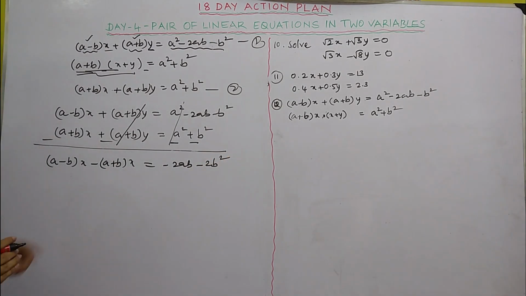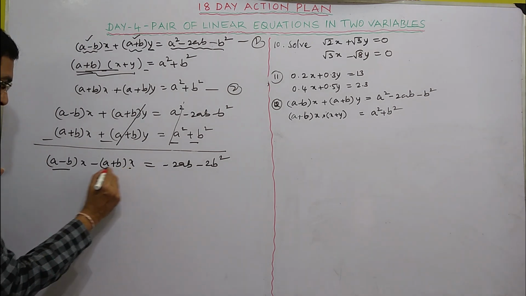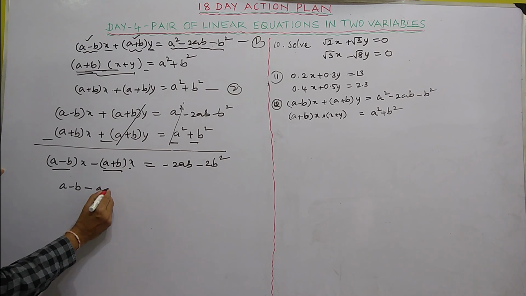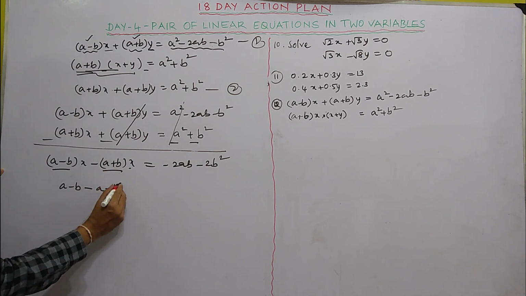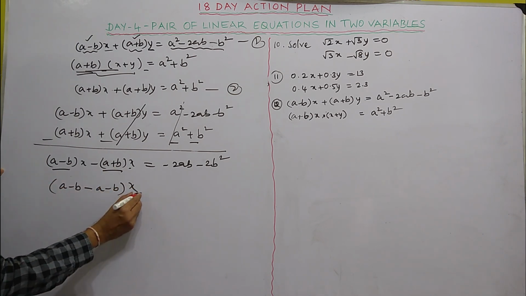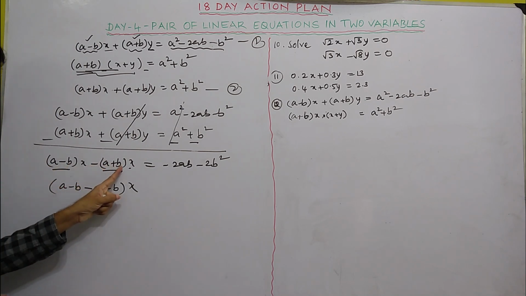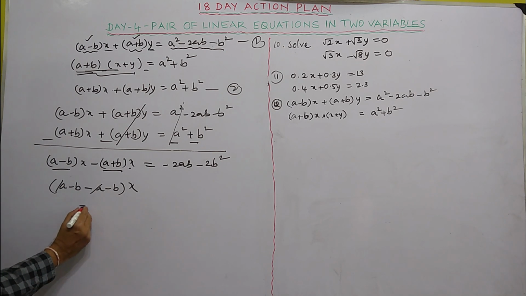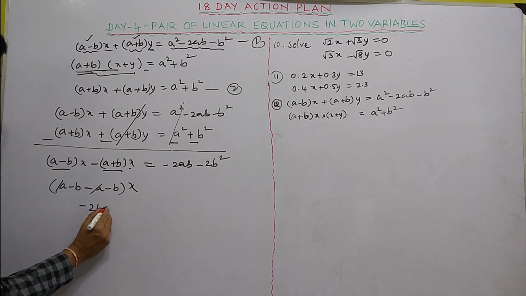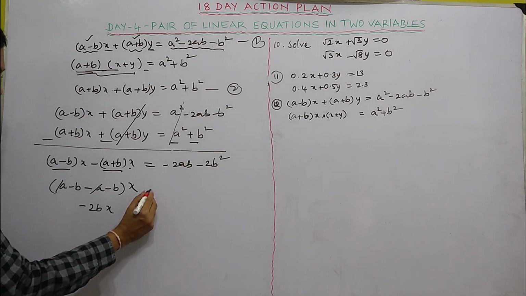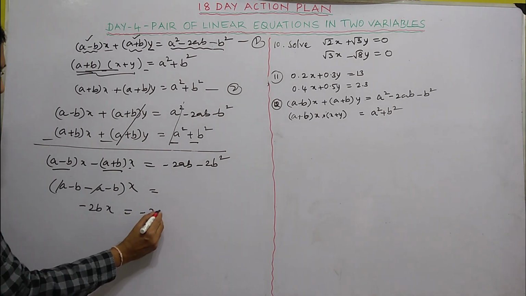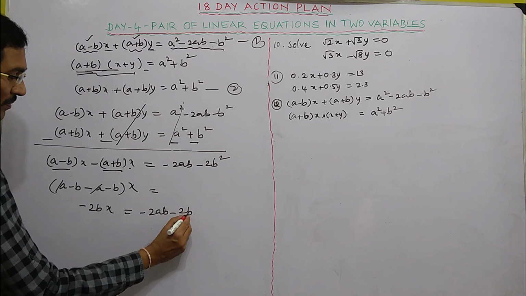This is the answer. Now from this, what can we write? So if you take x common, this becomes (a − b − a − b) x. Am I right? So this minus gets attached to both. So the a gets cancelled, and this becomes −2b x, yes or no, is equal to the same −2ab − 2b².